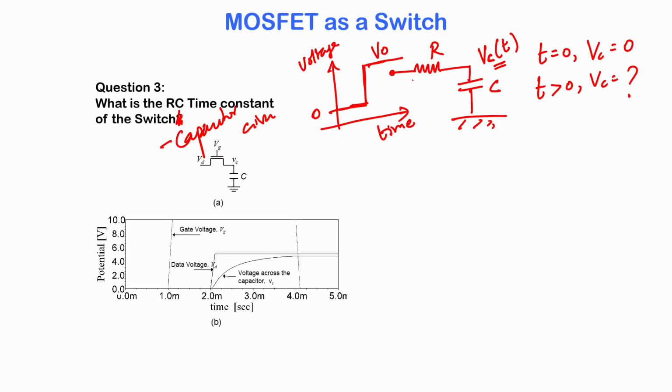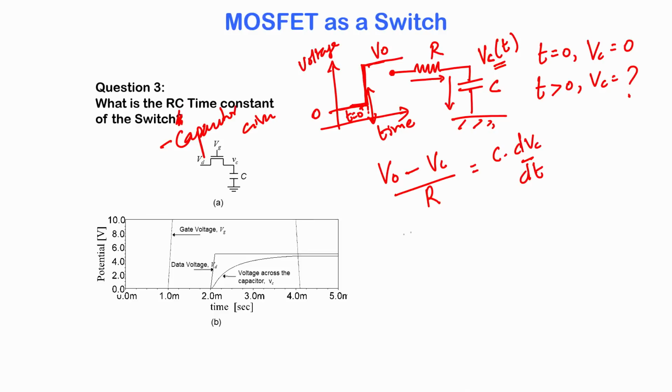Since the current through the resistor and the current through the capacitor should be the same, at t equal to 0 plus, just after turn on, the current through the resistor is V naught minus Vc, which is the voltage drop across the resistor, divided by R, and the current through the capacitor is C dVc by dt, which is basically the dq by dt through the capacitor.